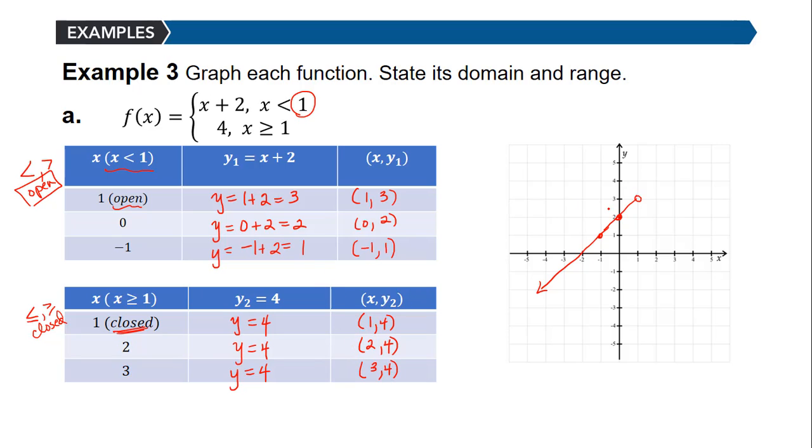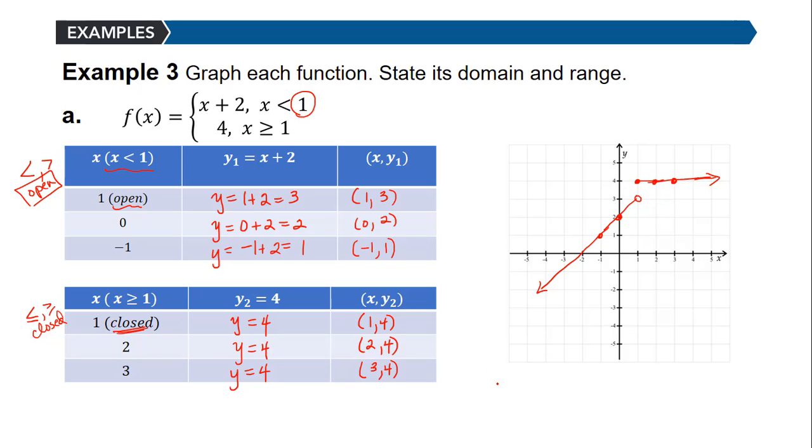Plotting these, 1, 4 is a solid dot, 2, 4, and then 3, 4. So this resembles a part of a horizontal line, but I cannot go to the left of 1 because this piece is only defined when x is greater than or equal to 1. So I connect the points to the right of this 1, 4.